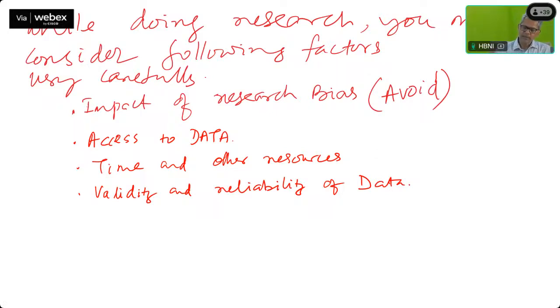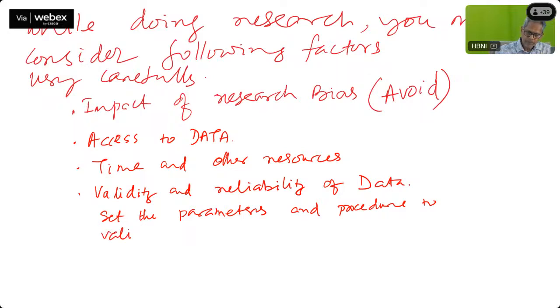It is not coming due to some mistake or something. It must be reliable. So you must, in your research, set some parameters and procedure, and a schedule, to validate data.